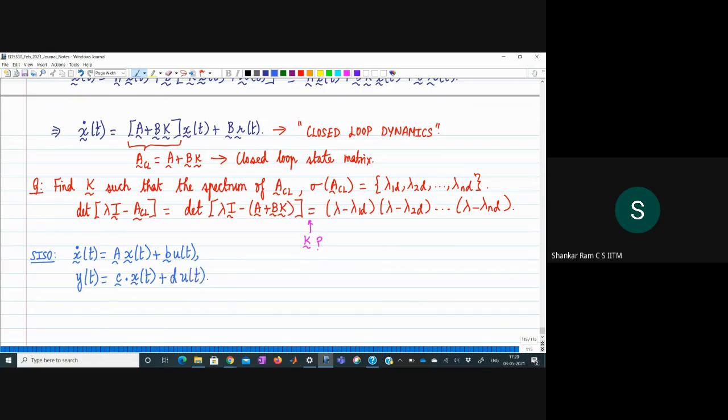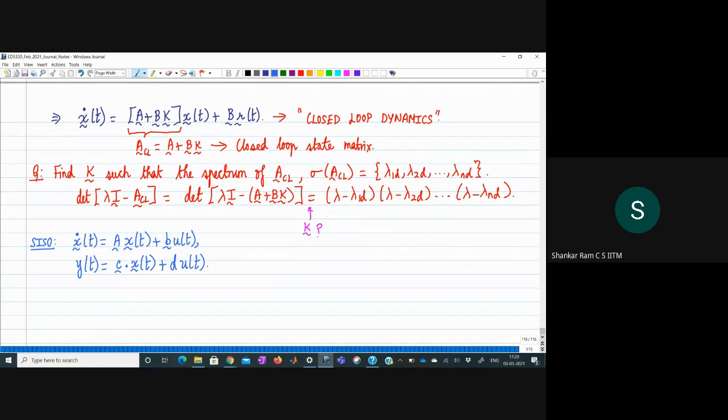So the question becomes now, if we have this as our state equation and measurement equation, or the output equation, the task is to find the control gain vector.